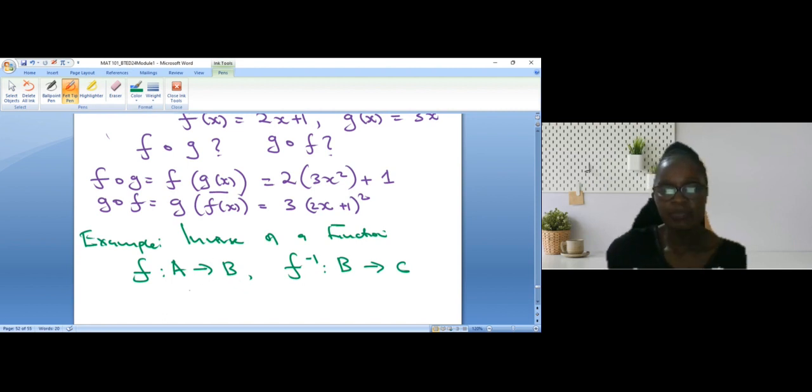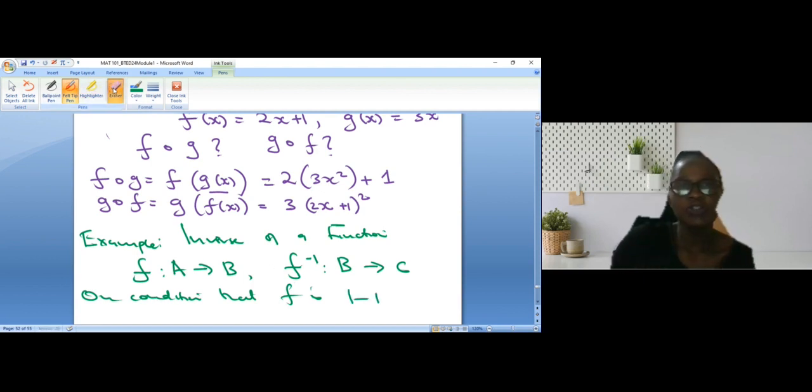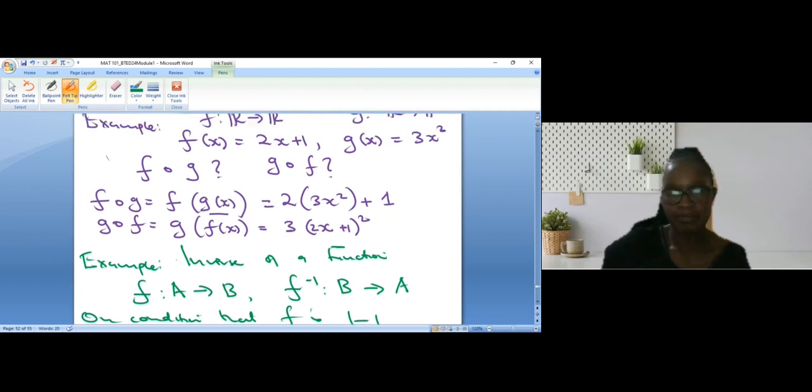The only way we can define the inverse is on condition that f is 1 to 1. Otherwise, if it's many to 1, it's not going to be possible, because you'll be left wondering, which one am I taking back? For example, if it's many to 1, it means some elements have been assigned to the same image. So if you're taking back the image, then you end up with two elements.